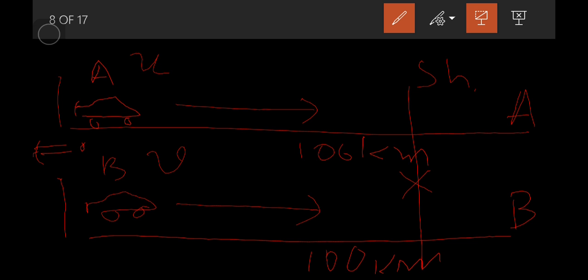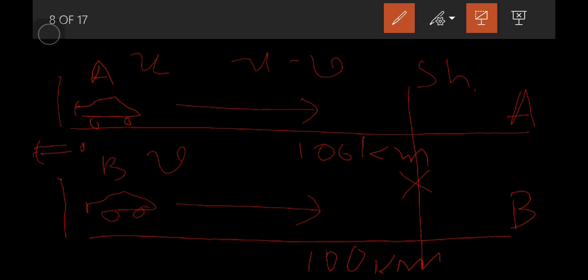If car A has more speed than car B, then we take u minus v because they are running in the same direction, and they meet at a point after 5 hours.